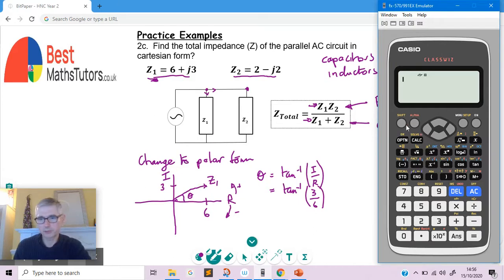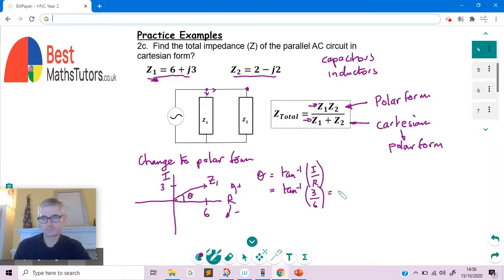I'm going to go shift tan, then use the fraction button, and I've got 3 over 6, then calculate that, making sure I'm in degrees rather than radians, which is the other way we can measure angles. If I do that, I get 26.57 if I round it to 2 decimal places.